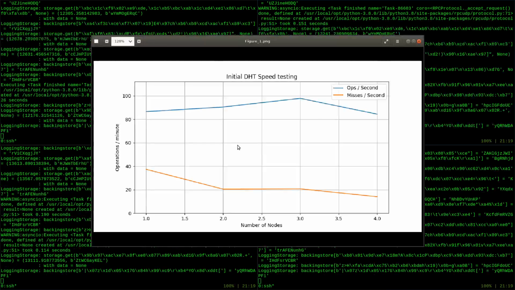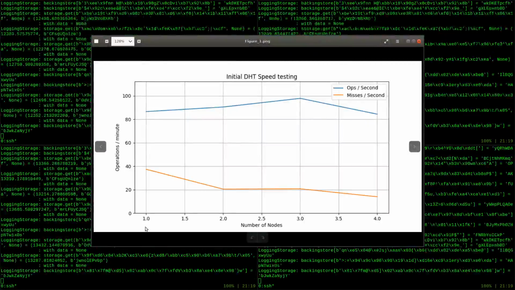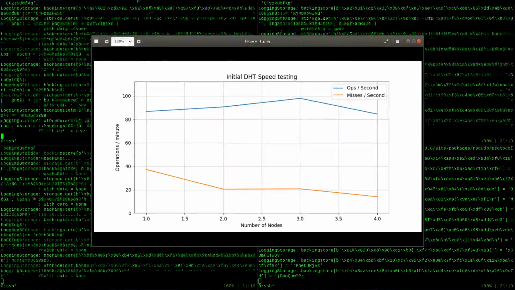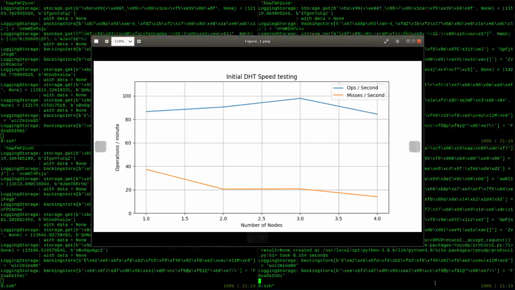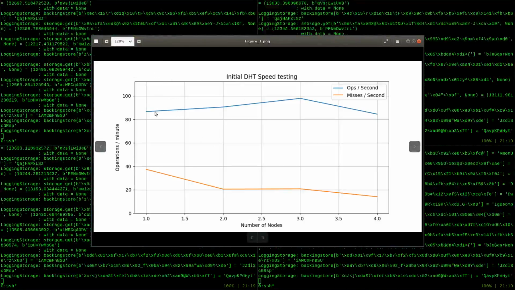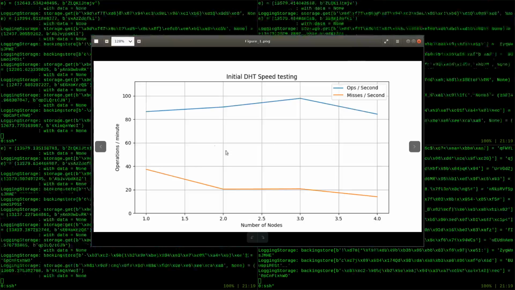Last thing I'm going to talk about is the testing results that I have seen so far. You can see currently in the background I'm running an extended test on the cluster. But here you can see some of the preliminary results we've gotten.